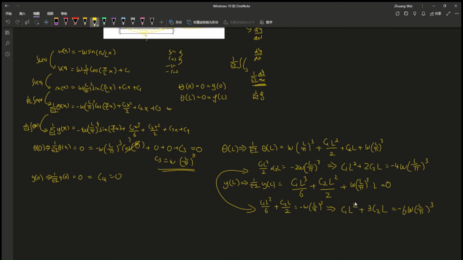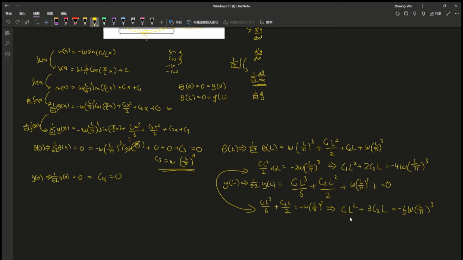I think there are two ways to go about it. There's the typical way, like you said, solving C1 L squared from this equation and plugging it into the other, or you can use those two equations and subtract one from the other.